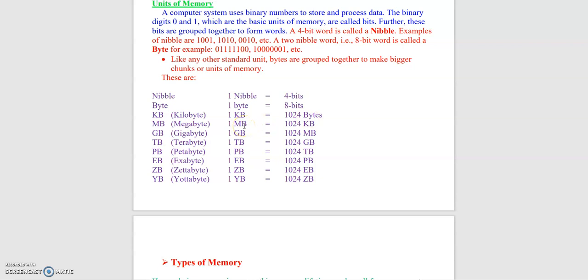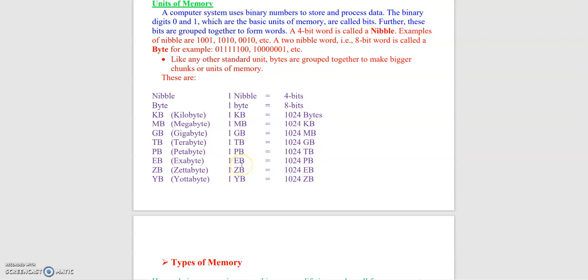1 megabyte, MB, equals 1024 kilobytes. Then 1 GB, which stands for gigabyte, equals 1024 megabytes. Then TB, which is terabyte, equals 1024 gigabytes. Then 1 PB, which is a petabyte, equals 1024 terabytes.